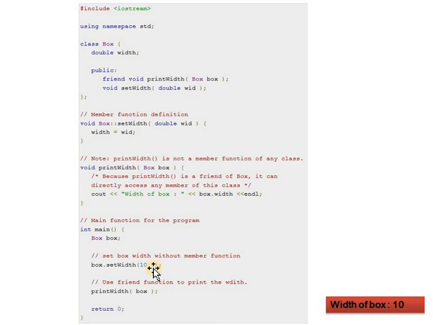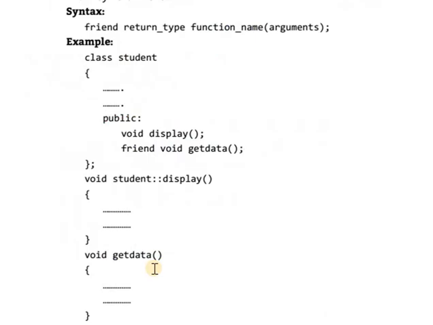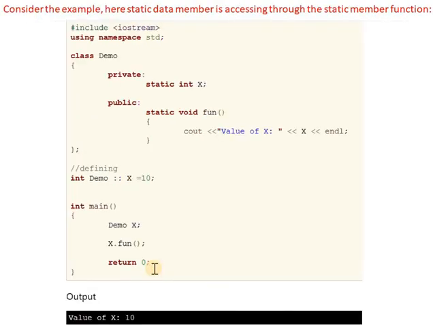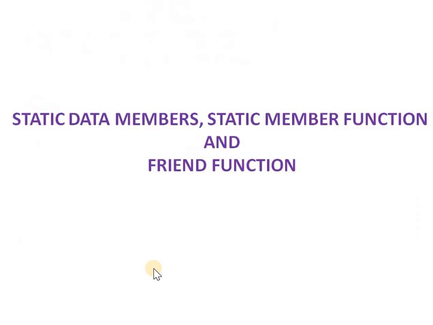This is all about the friend function. In today's lecture, we saw the static data member, static member function and friend function.